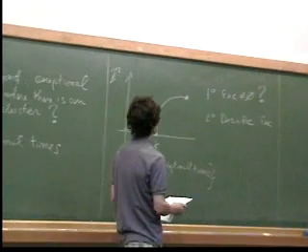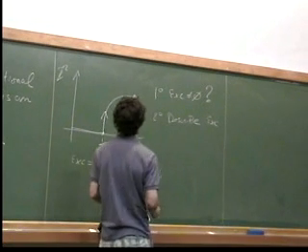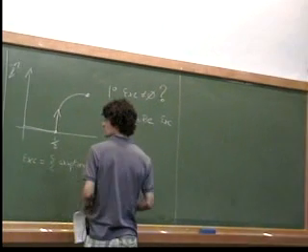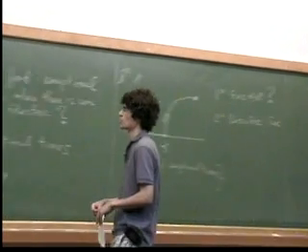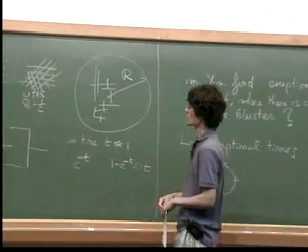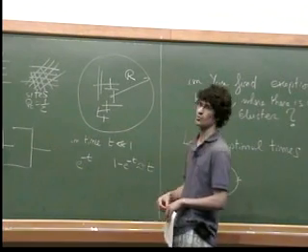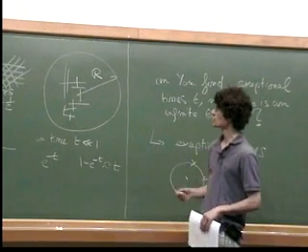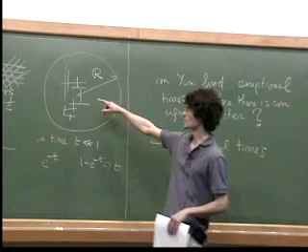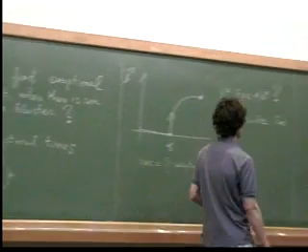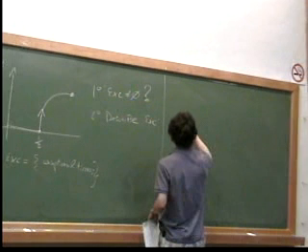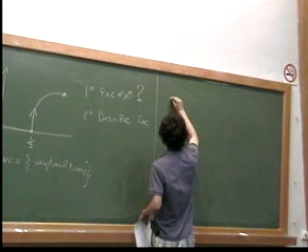So maybe let me start with an argument which doesn't work, which gives some intuition of what's going on with the dynamical percolation. Start with the initial configuration and look at the function of the time.